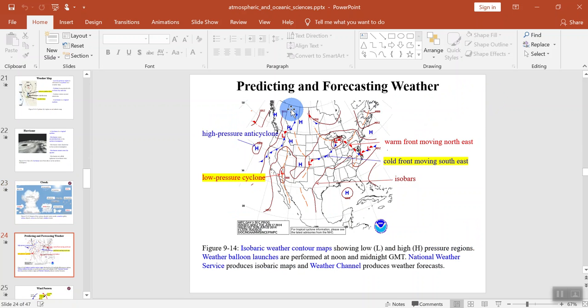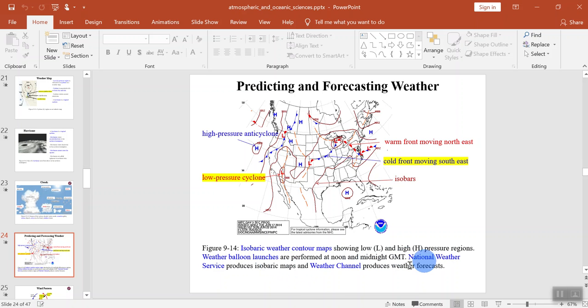Skip this one. So, for predicting and forecasting the weather, we see this anticyclone and cyclone. This is a warm front moving northeast. There it is. These are isobars, and this is a high pressure anticyclone, and so on. This is the weather. So isobaric weather contour maps are produced using weather balloon launches twice a day.